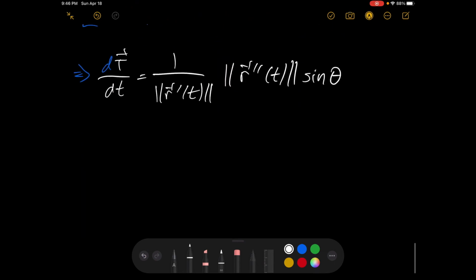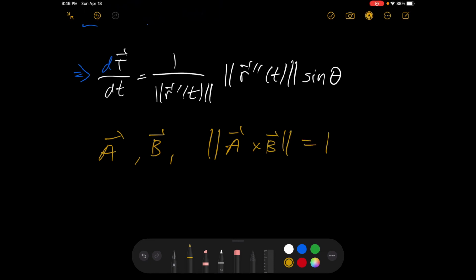And now we have one last step, and that is, well, how can we rewrite sine theta in terms of r and its derivatives? Well, there's a rule in vector geometry that for any two vectors a and b, the magnitude of the cross product is equal to the length of a times the length of b times the sine of the angle between the two vectors.